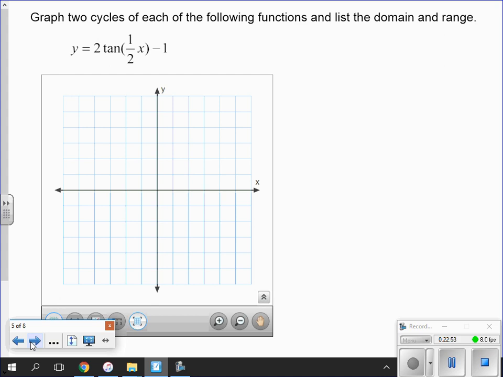So instead of pi, I now have pi over b, which gives me my period. So it is now pi over 1/2, which is a period of 2 pi. So instead of getting a cycle every pi, I now get a cycle every 2 pi.